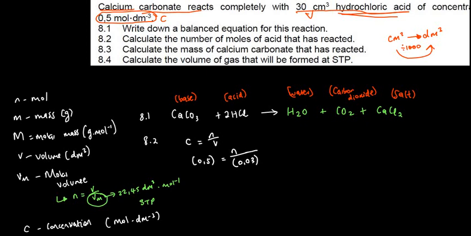Let me check. Yes, it's 0.03. Then we cross multiply so that we get the number of moles. So how much will it be? It will be 0.5 times 0.03, which is 0.015.